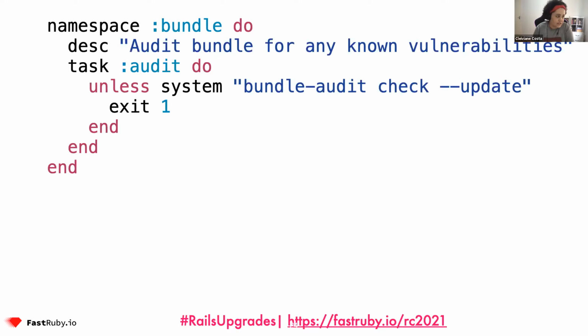And this is what the task looks like. It audits your app and will fail if new security vulnerabilities are found and patched in Rails. So it's just a way to keep an eye on the security risks you're having.